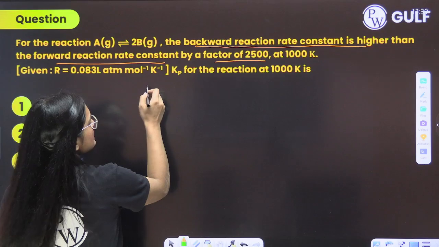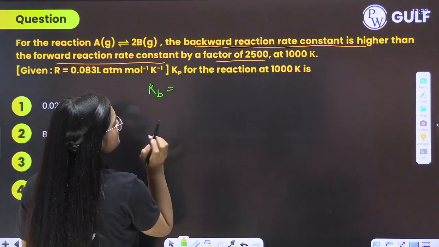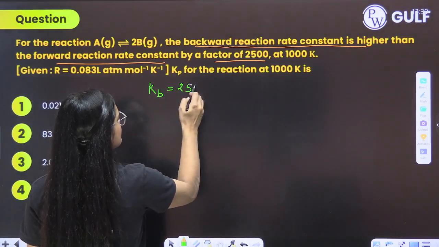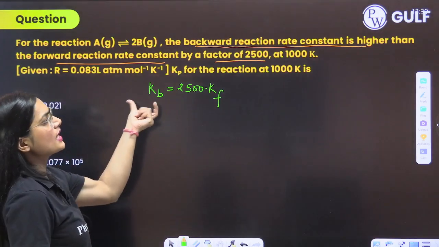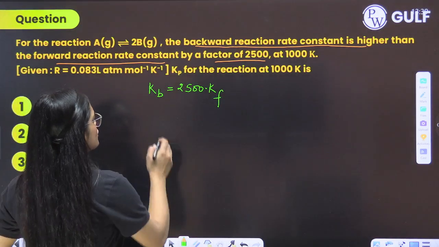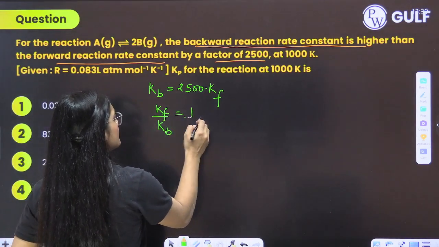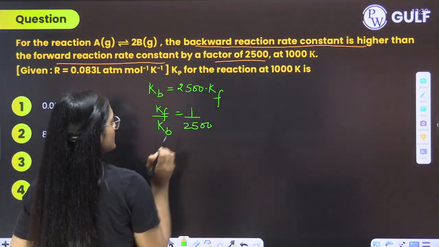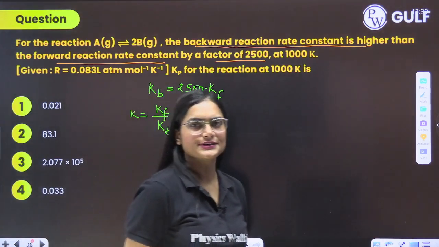That means Kb is equal to 2500 into Kf, because this value is higher by this factor. So Kf upon Kb we can write as 1 upon 2500, which is equal to K, the equilibrium constant for the reaction.